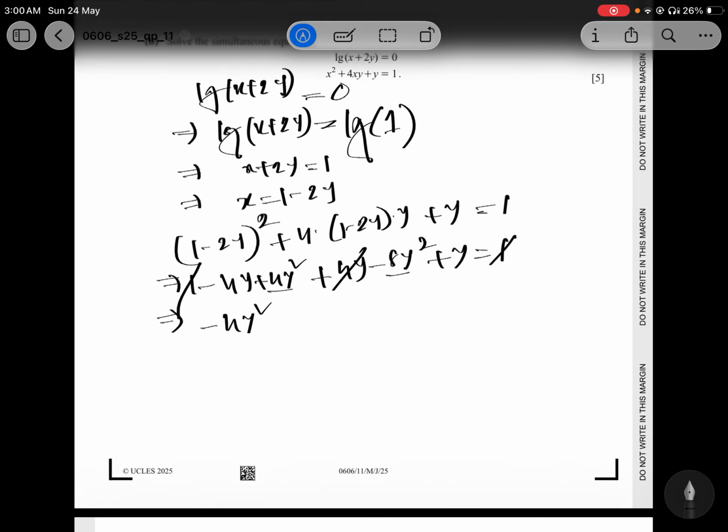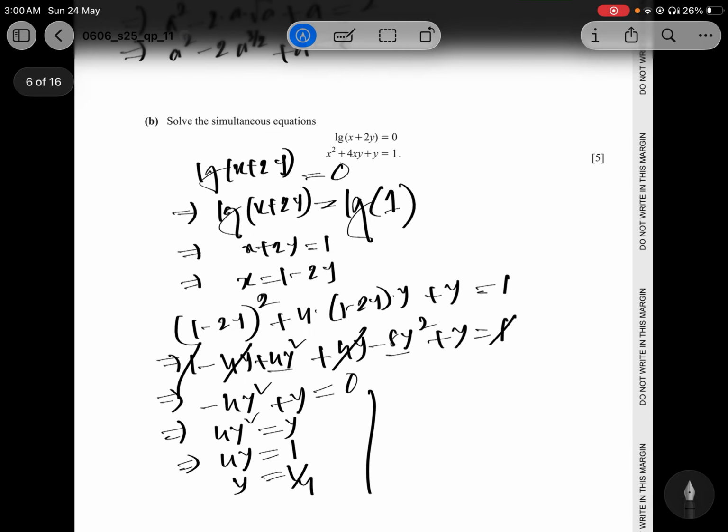This one gone. 4y gone. Then 4y square plus y is equal to 0 here. So 4y square is equal to y. So technically 4y is equal to 1. Y is equal to 1 by 4. So x is equal to 1 minus 2 into 1 by 4. I mean 1 by 2, half. So x is equal to half. This is answer. Oh my god, correct.